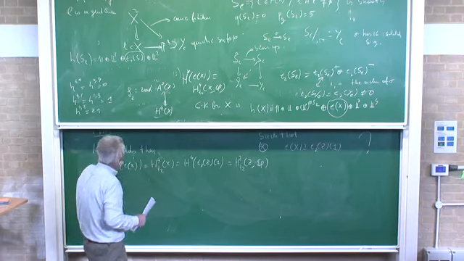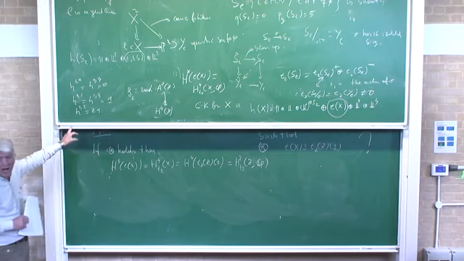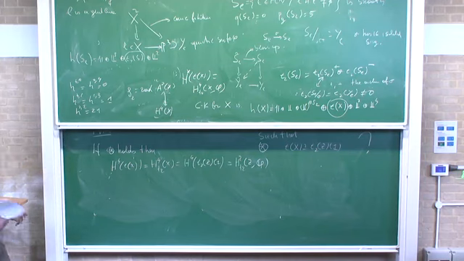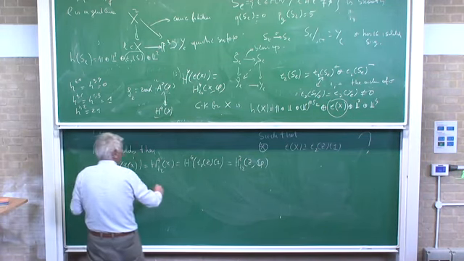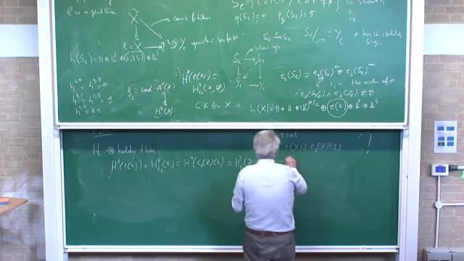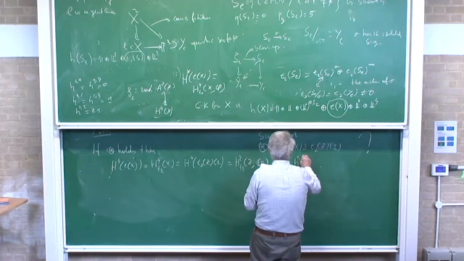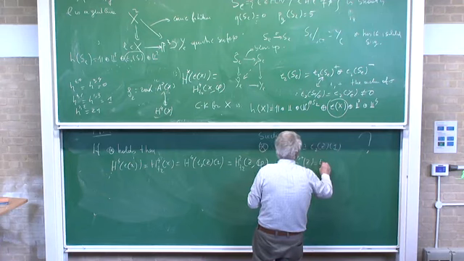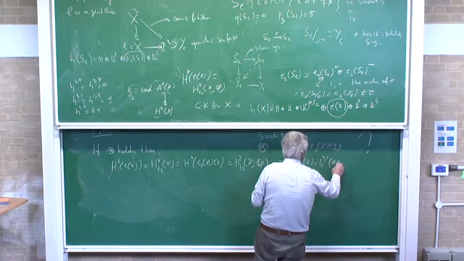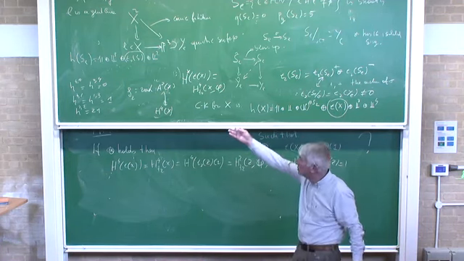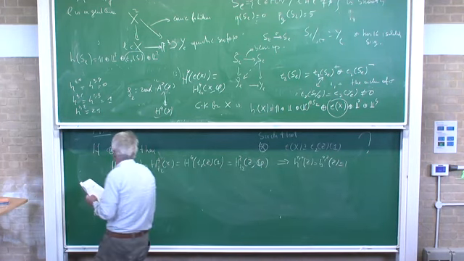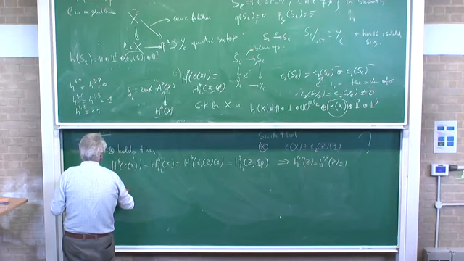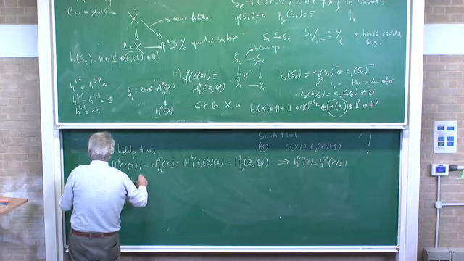Now, remember what the Hodge diamond of the fourfold is. If you just make the computation, this implies that H20 of Z is equal to H02 of Z, and it is equal to 1 because of the Hodge diamond. So it means that PG of Z is equal to 1.